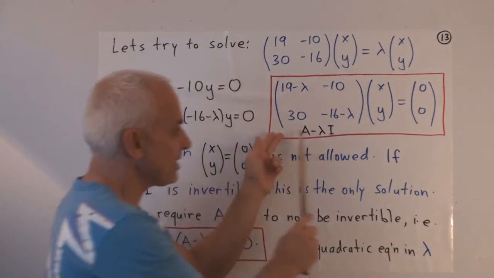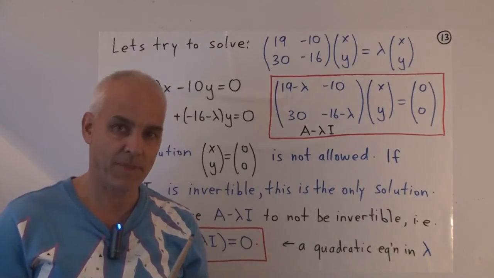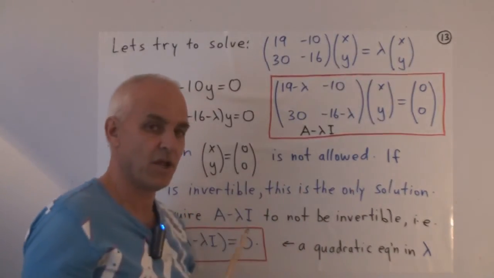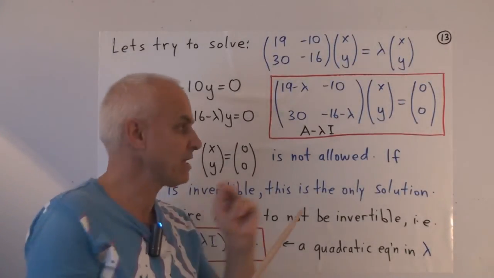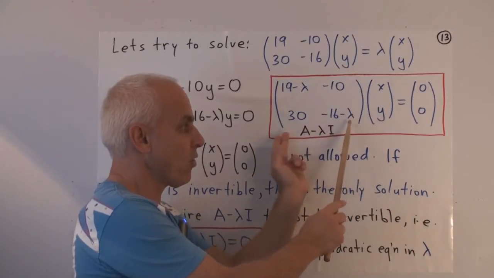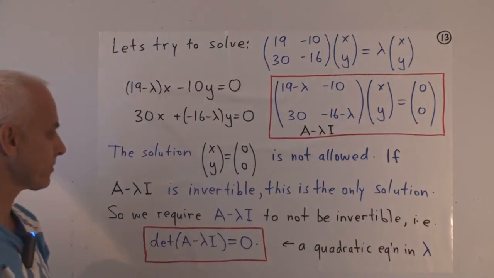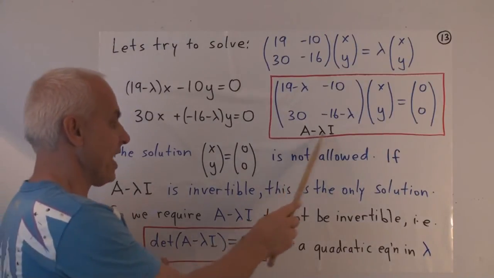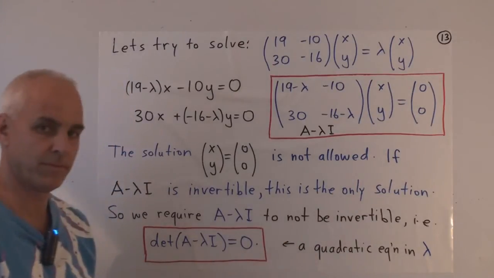So the only way this system has a solution that we are interested in is if this matrix is not invertible. It must be not invertible in order for it to have a solution that is non-zero. So we require this matrix A minus lambda I to not be invertible.